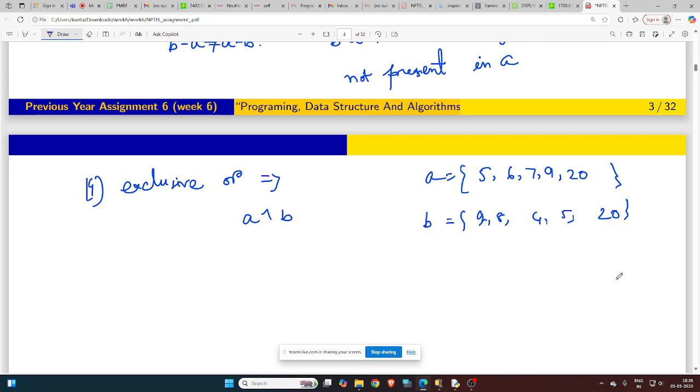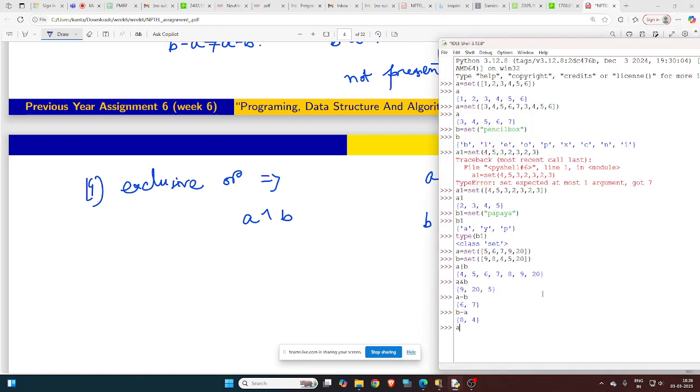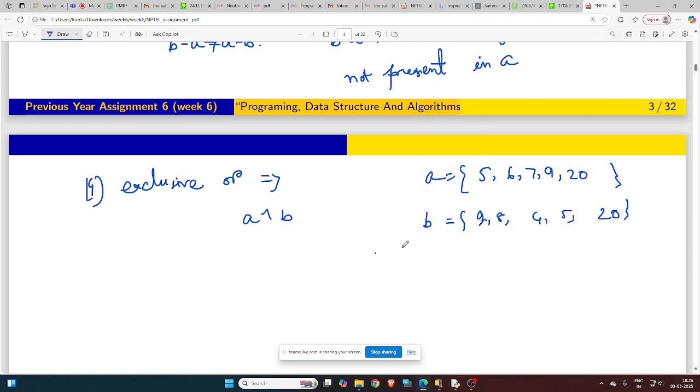Okay. So A to the power B gives 4, 7, 6, 8. Let me write here first. A to the power B is 4, 7, 6, 8.